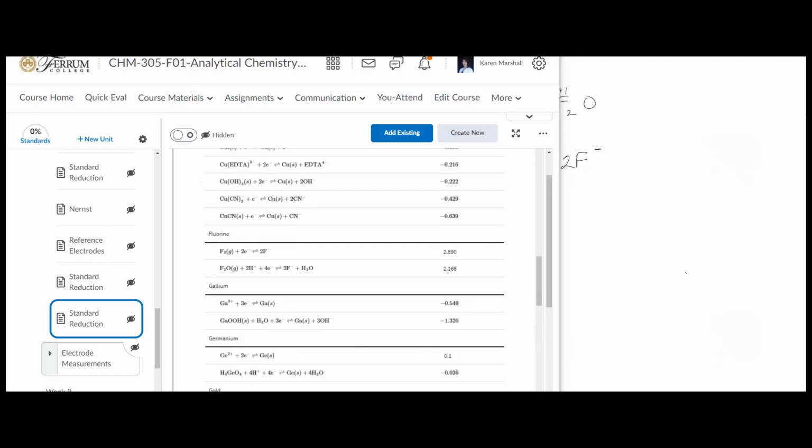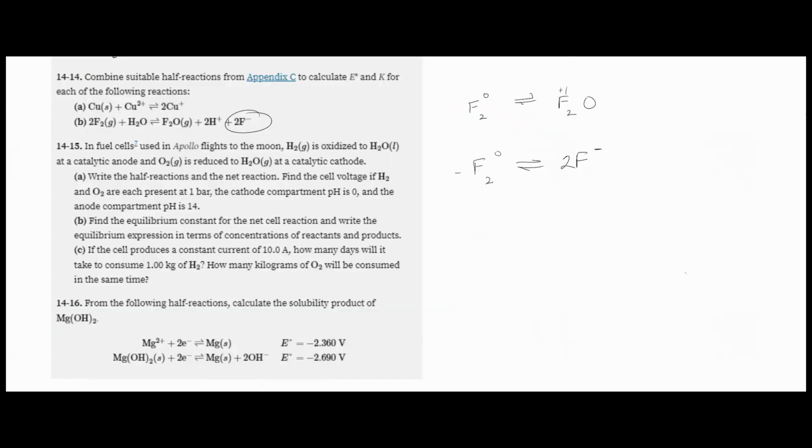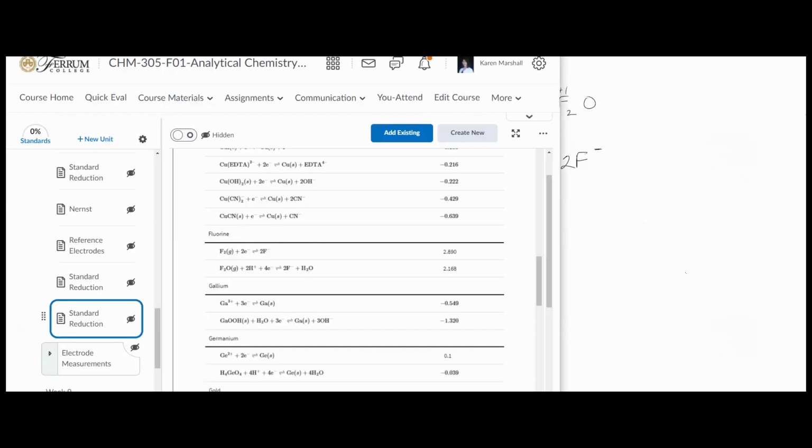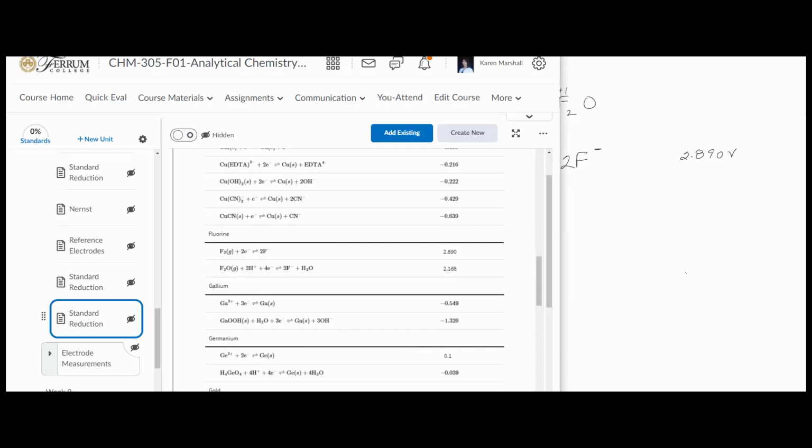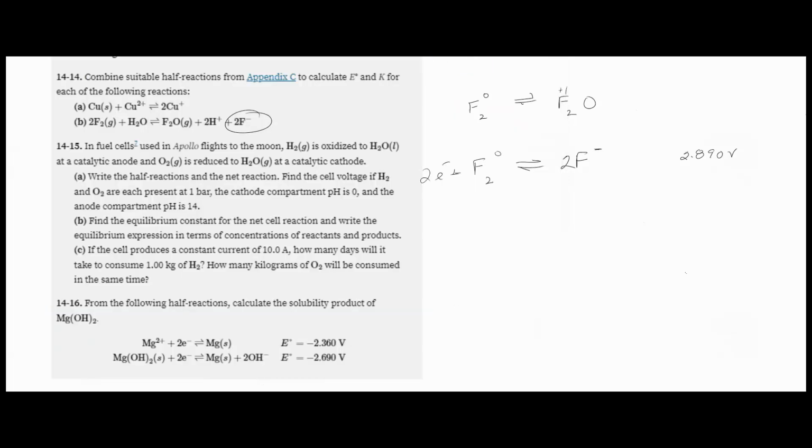And we're given 2 half reactions. So we have F2 plus 2 electrons gives 2F minus, and that has a standard reduction potential of 2.890. And then our other equation up here, F2O gas plus 2H plus 4 electrons reacts to form 2F minus plus water.